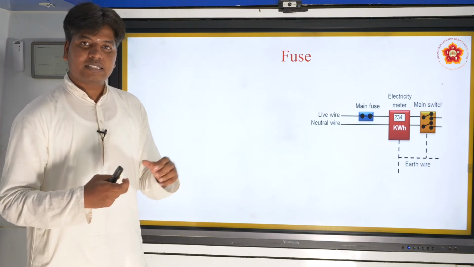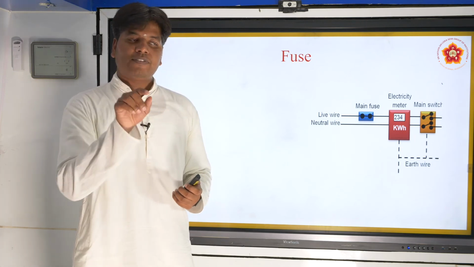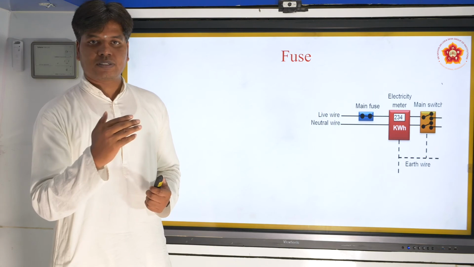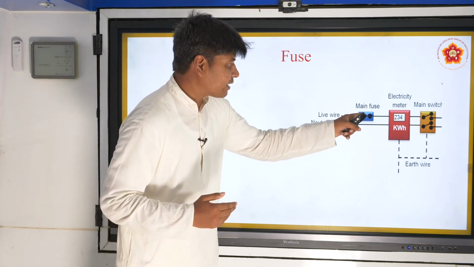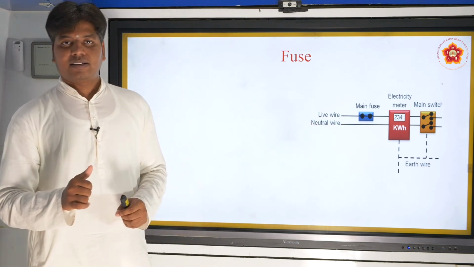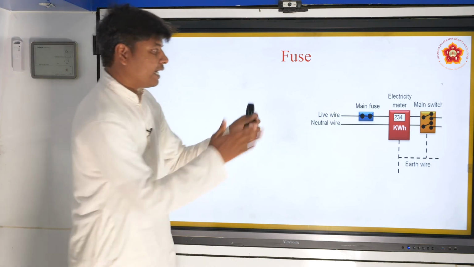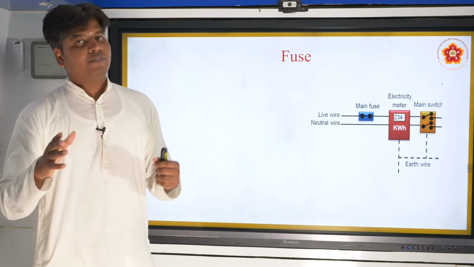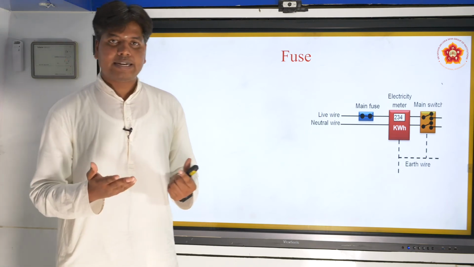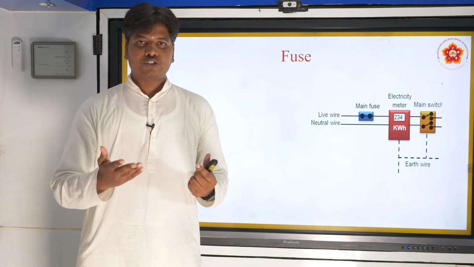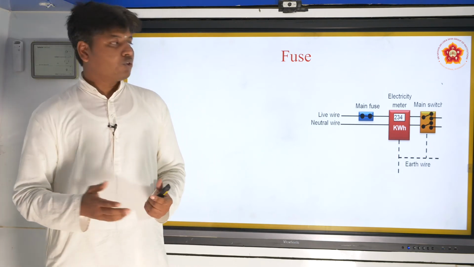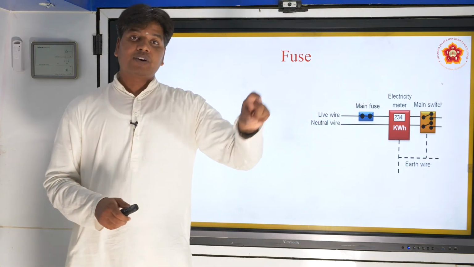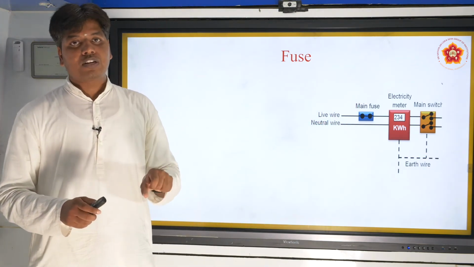If the current passing through the wire exceeds the threshold value of 5 amps, the fuse connection will melt and break the circuit. When current doesn't flow, it does not damage or burn any appliance. So you have one main fuse and also separate fuses for individual appliances.